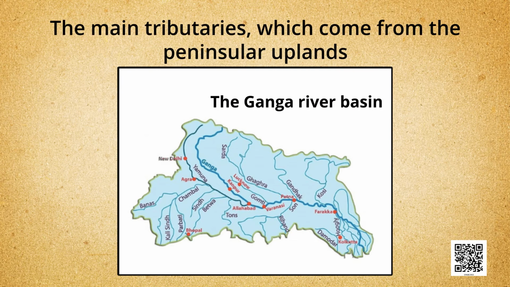The main tributaries which come from peninsular uplands are the Chambal, the Betwa and the Son. These rise from semi-arid areas, have shorter courses and do not carry much water in them. Enlarged with the waters from its right and left bank tributaries, the Ganga flows eastwards till Farakka in West Bengal.